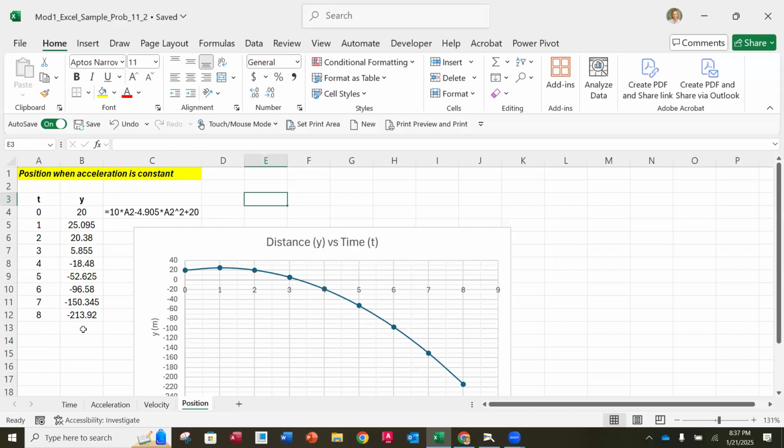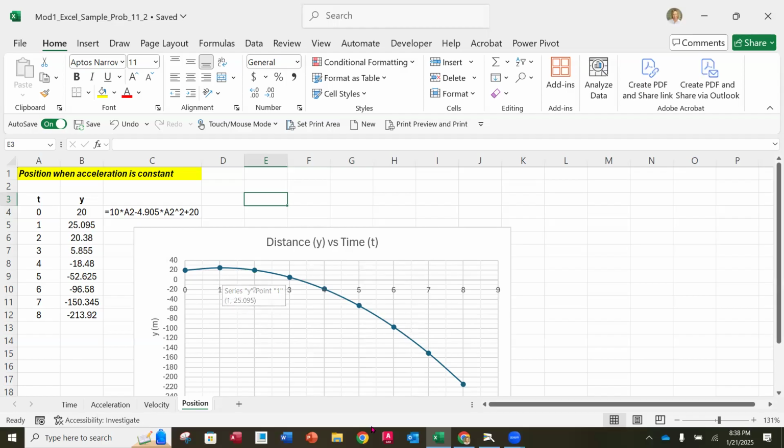The second part said, what is the highest elevation reached by the ball and the corresponding value of the time? Now, if we look here, it's kind of unclear if 1 is actually the highest point, right? It probably isn't exactly 1. So what we need to do is find that highest elevation.